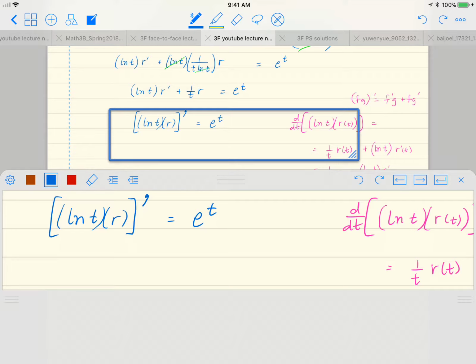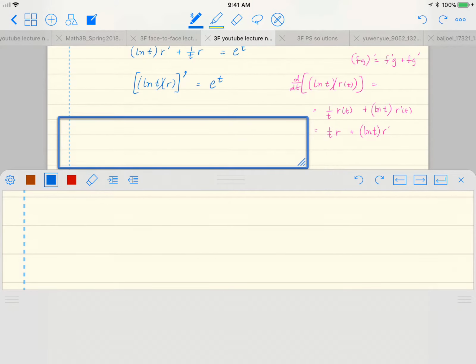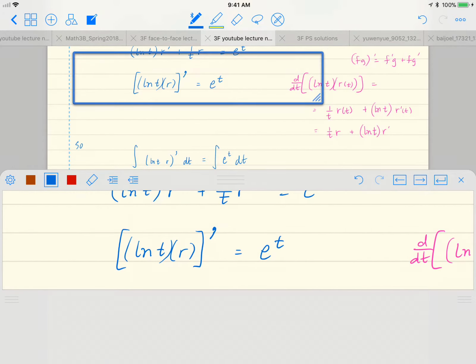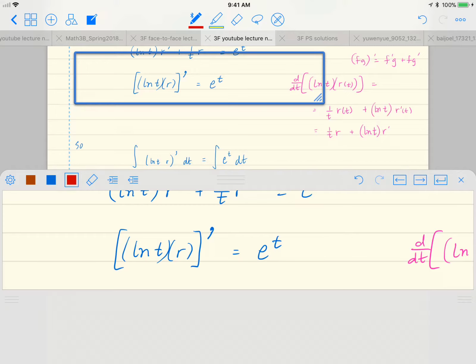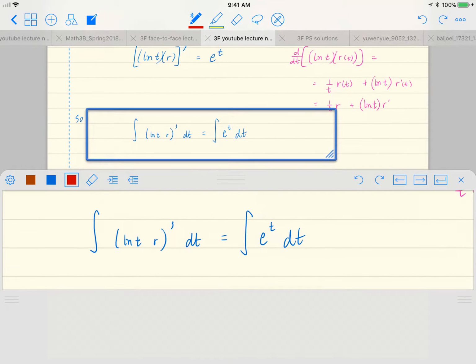Because now I can integrate, and I can say the integral of the derivative of natural log of t times r is equal to the integral of e to the t dt, right? I'm just integrating both sides with respect to t. That's what I did to get this step.